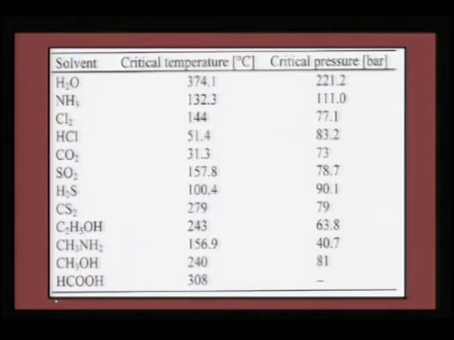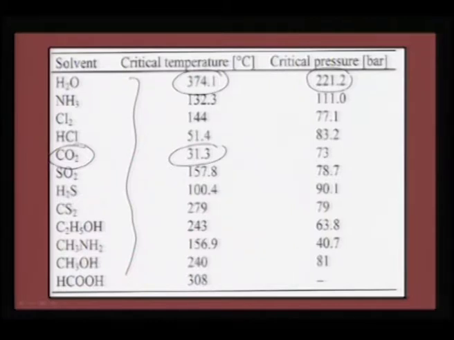Also, this list gives you an idea what is the critical temperature of various solvents that we are using. As you see, for water the critical temperature is 374 degrees centigrade, where you can achieve up to 220 bar pressure. So, this is as far as water is concerned. One of the reasons why carbon dioxide is more preferred is you do not have such a high critical temperature.